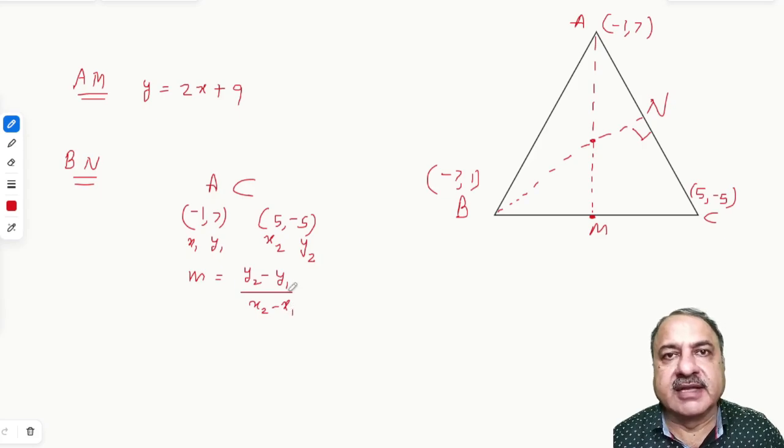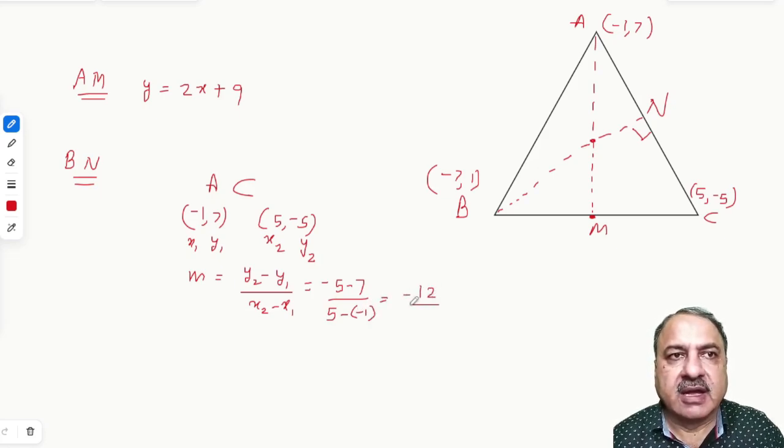Now we will plug in the given values. y2 minus y1 means -5 minus 7 upon x2 minus x1, x2 is 5, 5 minus -1. -5 minus 7, we will get -12 upon 5 plus 1. So -12 over 6, that is -2.